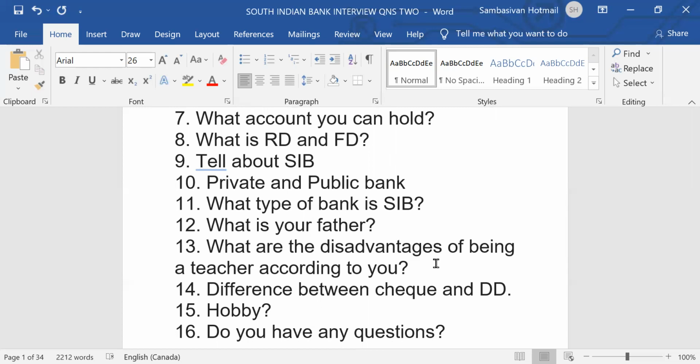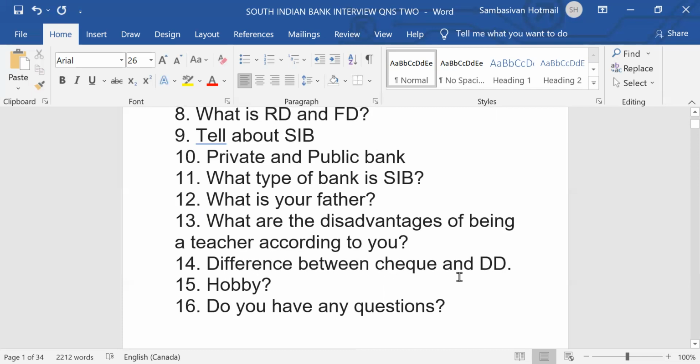Whereas in the case of a bank, you have the option of moving with different types of new customers, new branches, and challenges of rising up in the career. In the case of a teacher, you remain a teacher and thereafter you become a head teacher or headmaster.